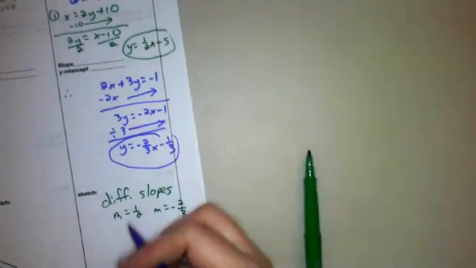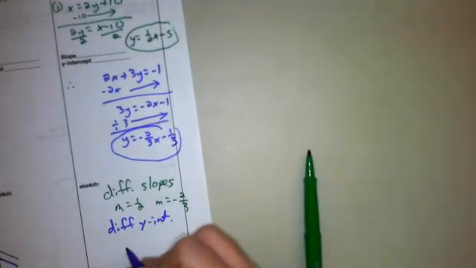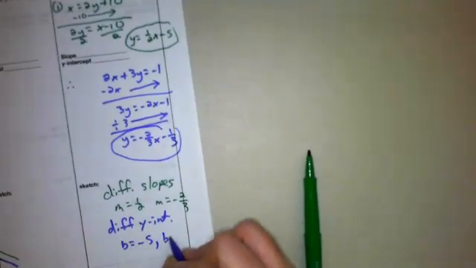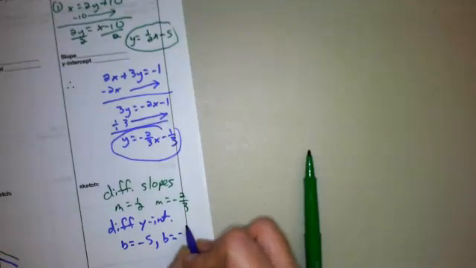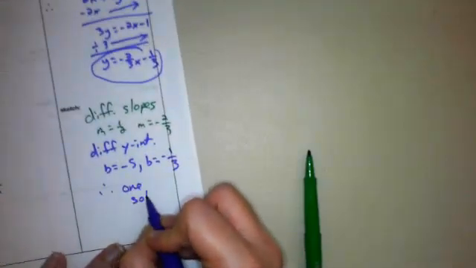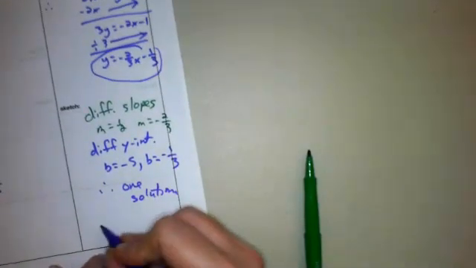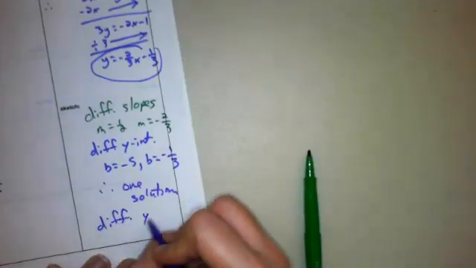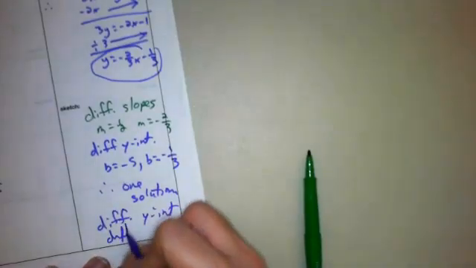I have different y-intercepts: b equals negative 5 and b equals negative 1/3. So here, we're going to have one solution. Why? Because different y-intercepts and different slopes.